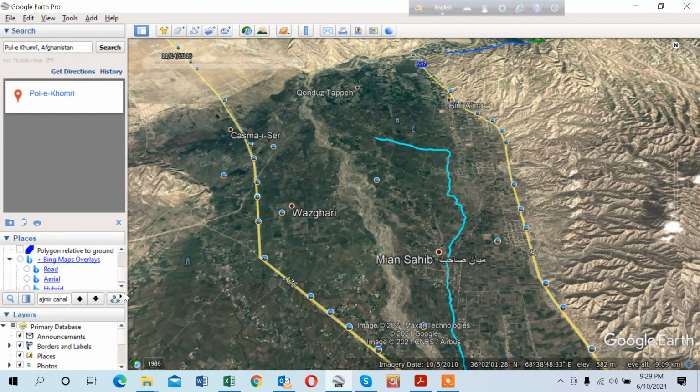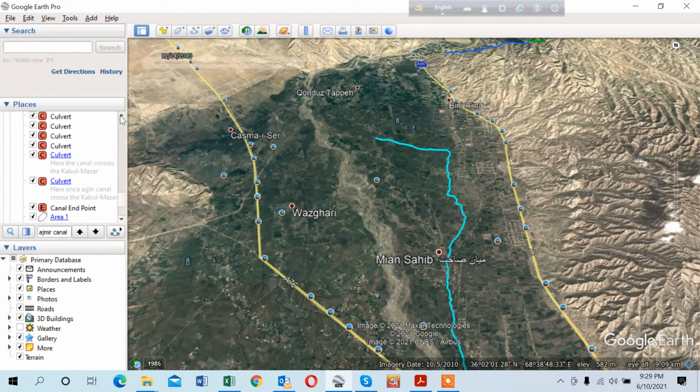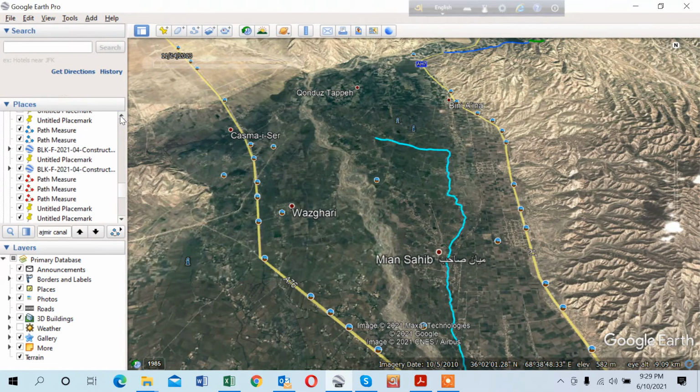I'll show you. These branch channels are nicely planned, one after another. These branch channels are quite intensive. I will say 5, 6 branch channels here. We have them for the Shahabuddin Canal.